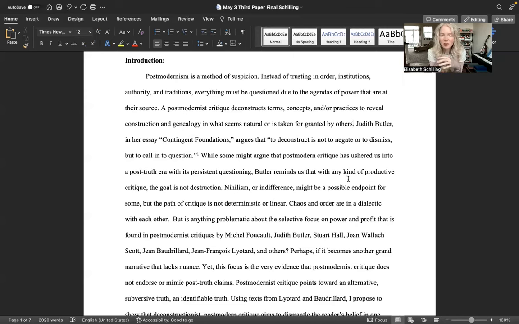But is anything problematic about the selective focus on power and profit that is found in postmodernist critiques by Michel Foucault, Judith Butler, Stuart Hall, Joan Wallach Scott, Jean Baudrillard, Jean-François Lyotard, and others? So these are some of the people that we read.